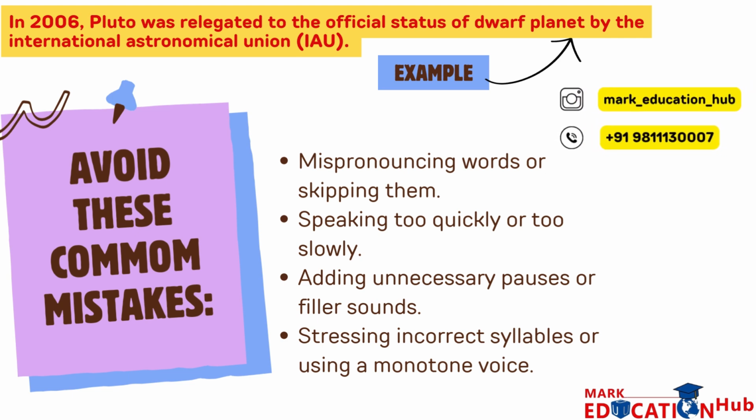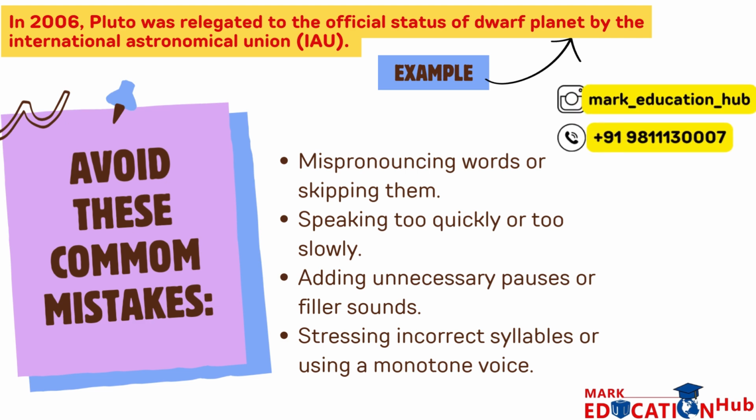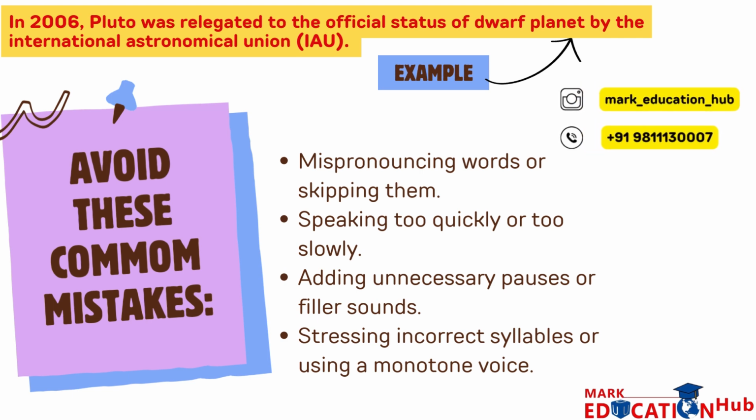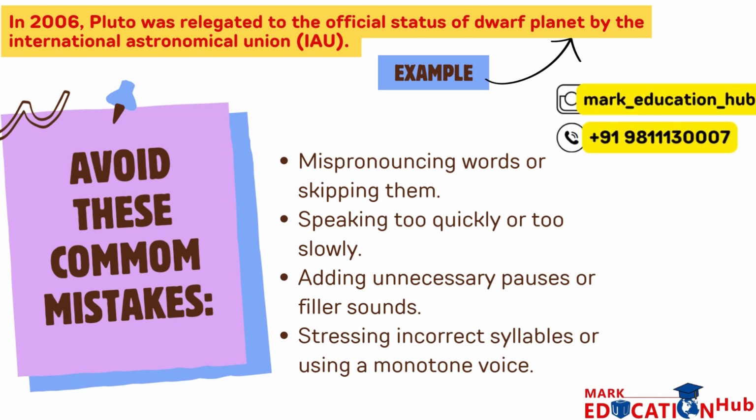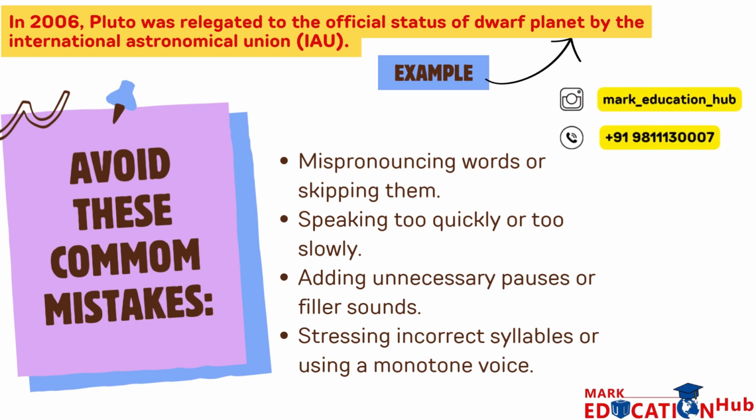Coming on to the second case, which is speaking too slowly, it will also deduct your marks. So, you should always maintain a natural and steady flow while speaking the sentence. For example, in 2006, Pluto was relegated to the official status of dwarf planet by the International Astronomical Union.